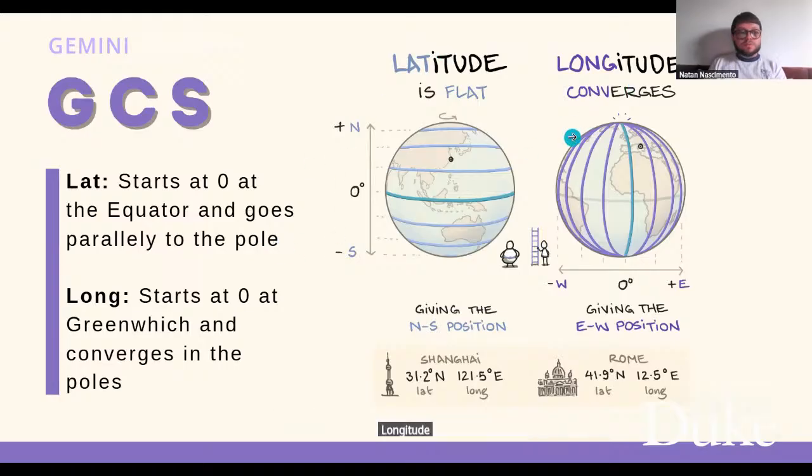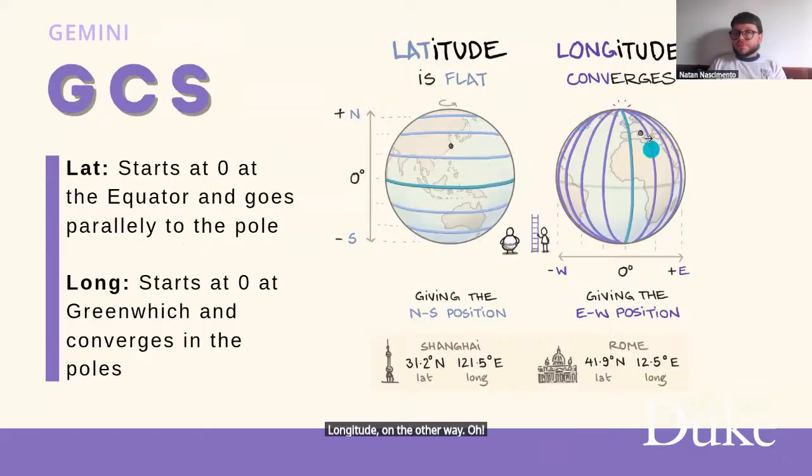Longitude, on the other hand, converges at the North Pole. So it's not parallel. It goes from top to bottom, and this is a semicircle.